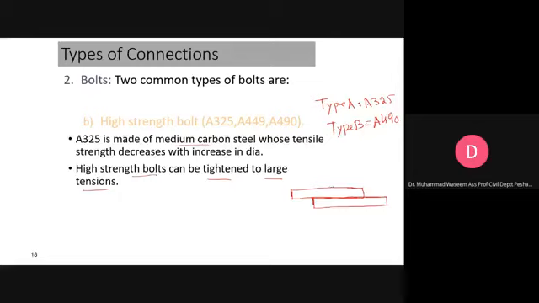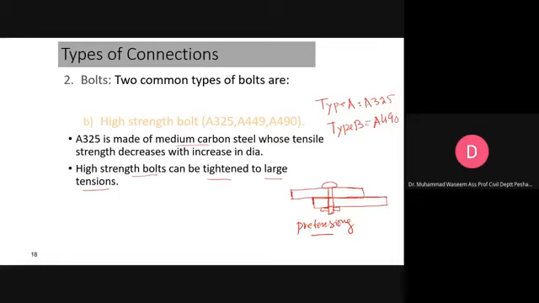What happens is that you have a head and a body, which is threaded, and you have this nut here. Once you tighten the nut, which you do with the help of a wrench, pre-tensioning is introduced to this bolt.